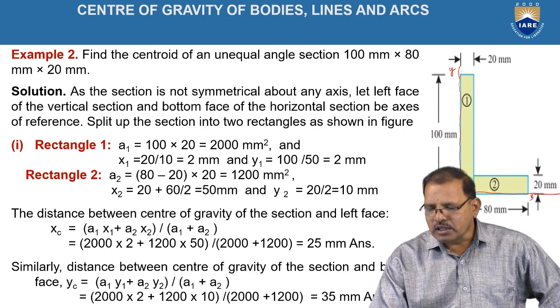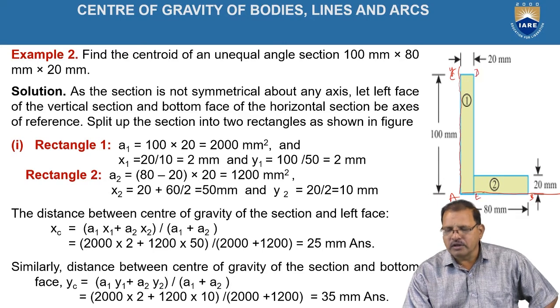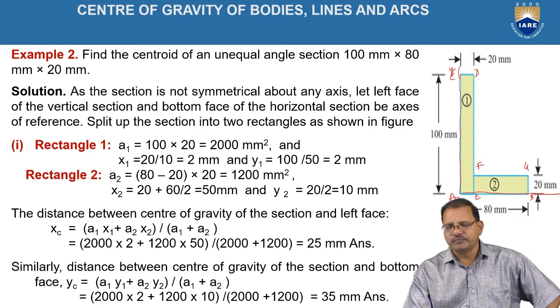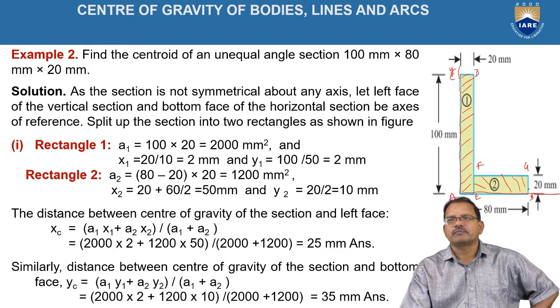One is represented here as A, S, G, D. The second rectangle is represented as E, F, G, and the B point is already there. Here I am representing these two rectangles by using hatching lines. It is one rectangle and one more rectangle.